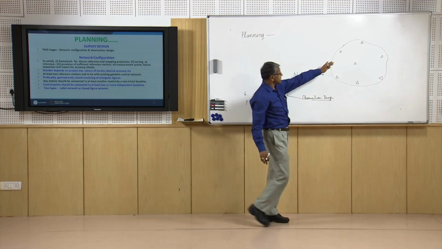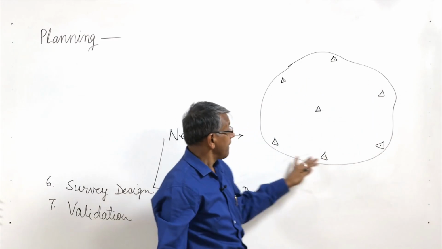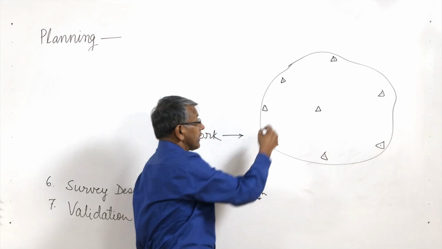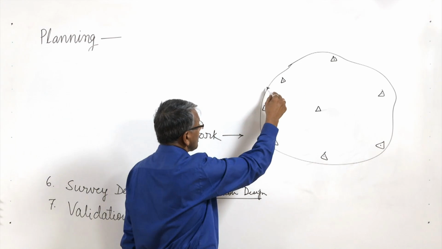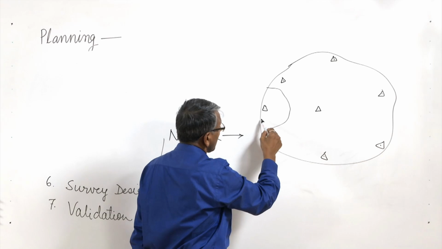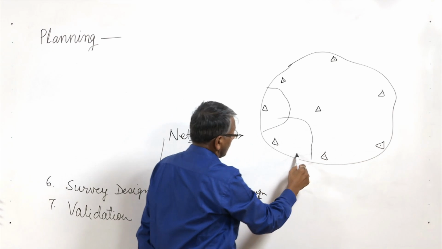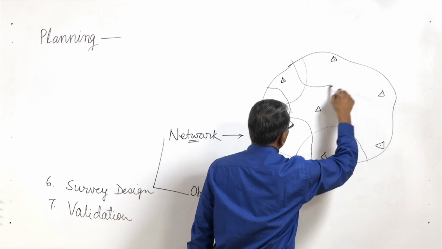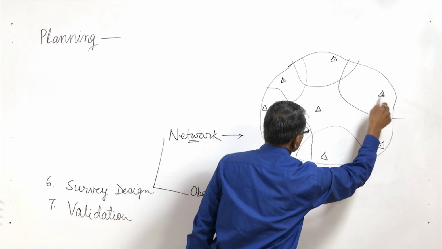So it should be well spread, so that each area has surveying from more or less equal distance of the stations.